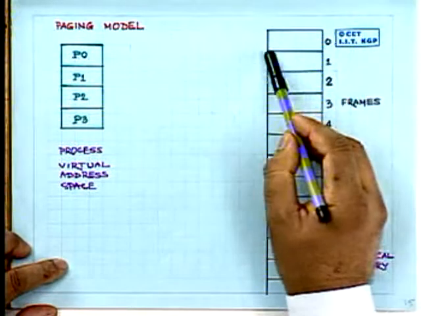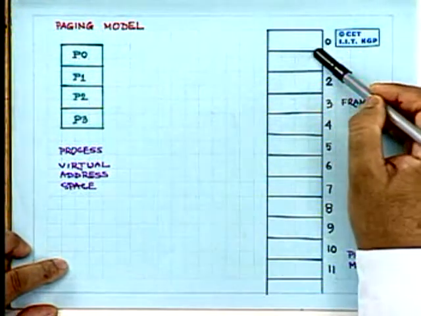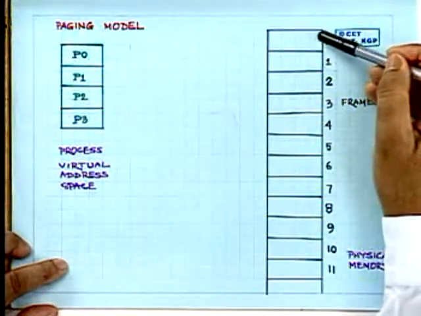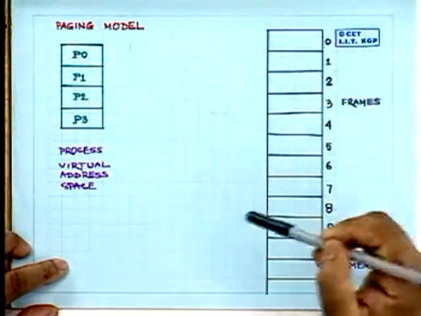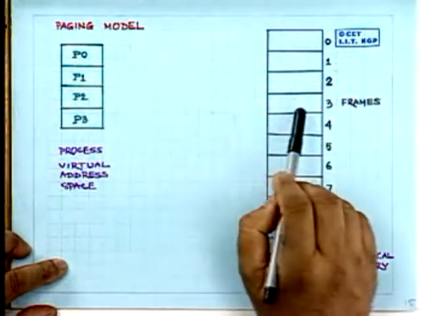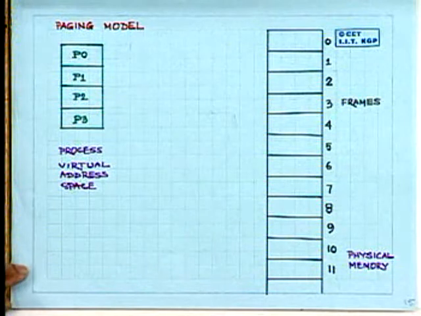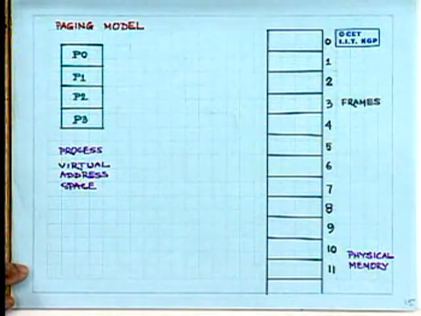We call them frames, of the same size as the page. That means if the page is of 4K, the physical memory frames are also of 4K. Now with this, what we do is we arrange a mapping.